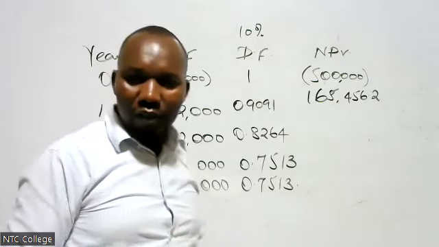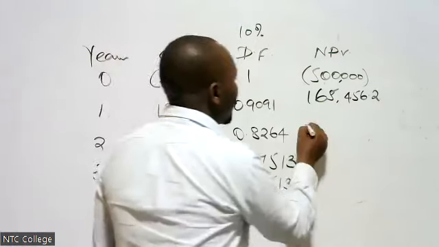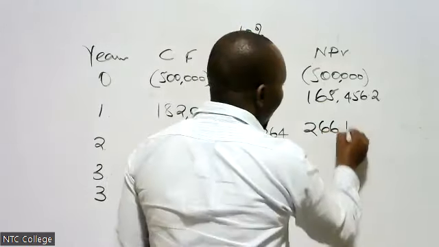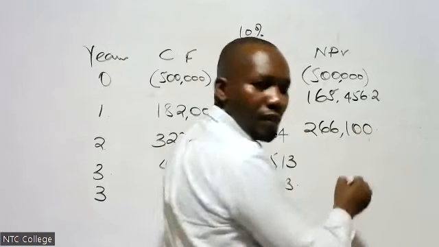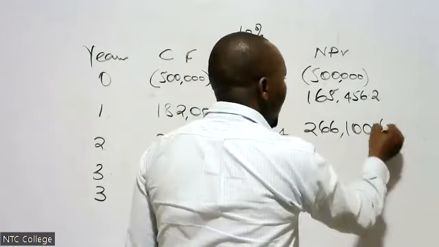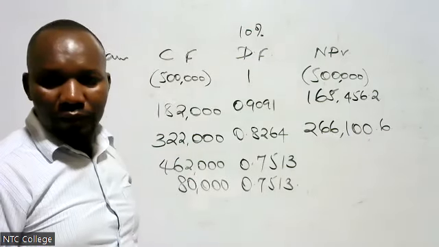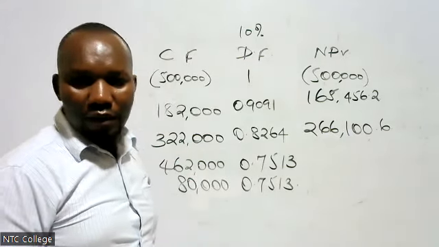Do it quickly. Year 2 is 266, 100.6. The next one, 347.